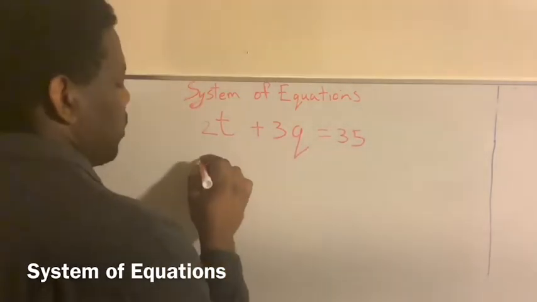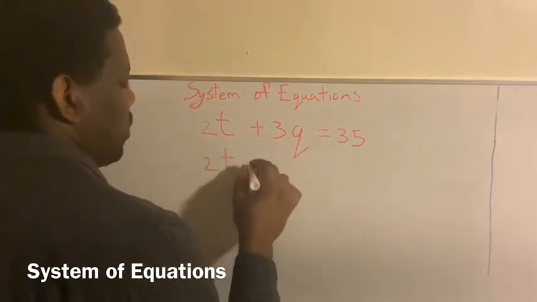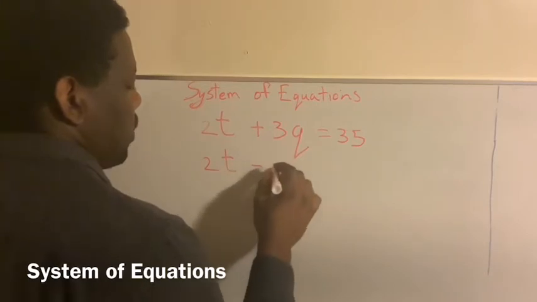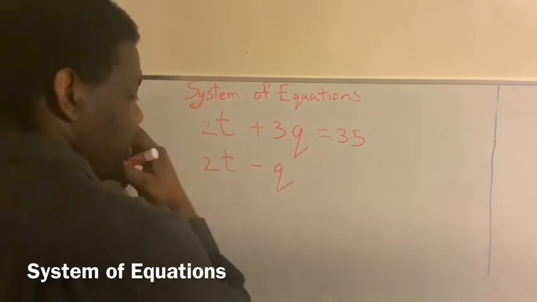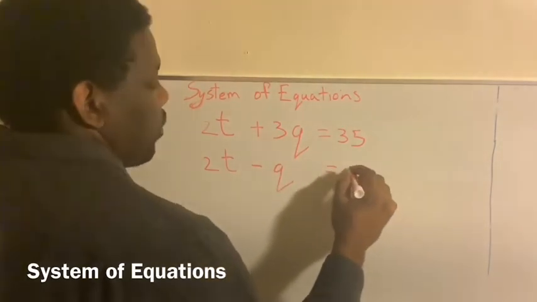And we have 2t subtract q is equal to 15.